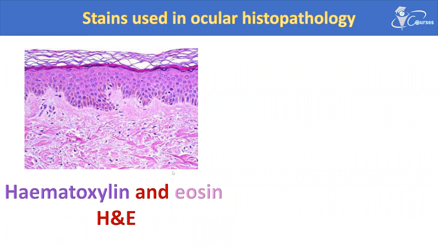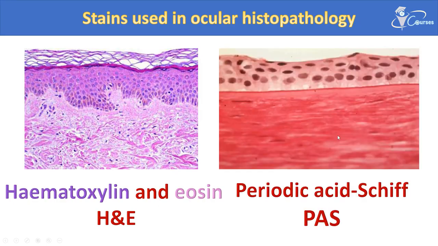The next important stain, which is also frequently used in histopathology, is called the periodic acid Schiff, or PAS. This stain is used to stain many structures like glycogen, mucin, glycoprotein, basement membrane, and fungi.